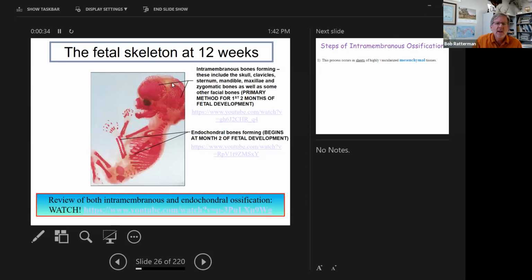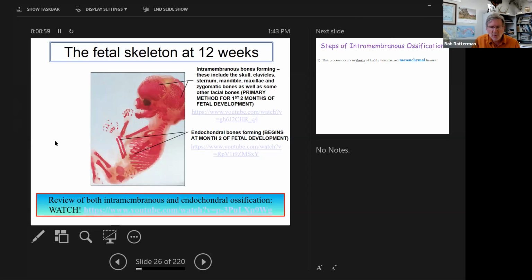The developing cranial bones and the mandible, and you can see the phalanges and metacarpals forming and ulna and radius and all that stuff. But these structures are not fully ossified structures. And that's what these two processes get at.